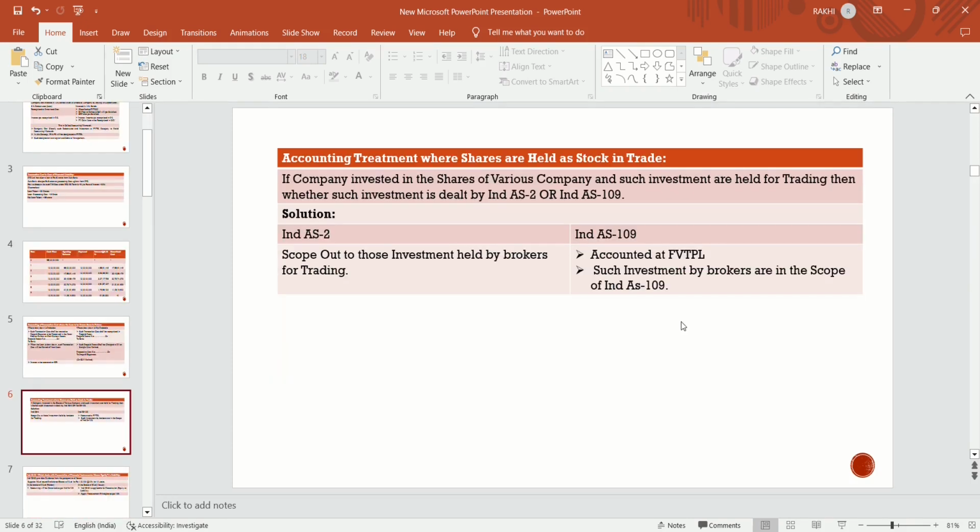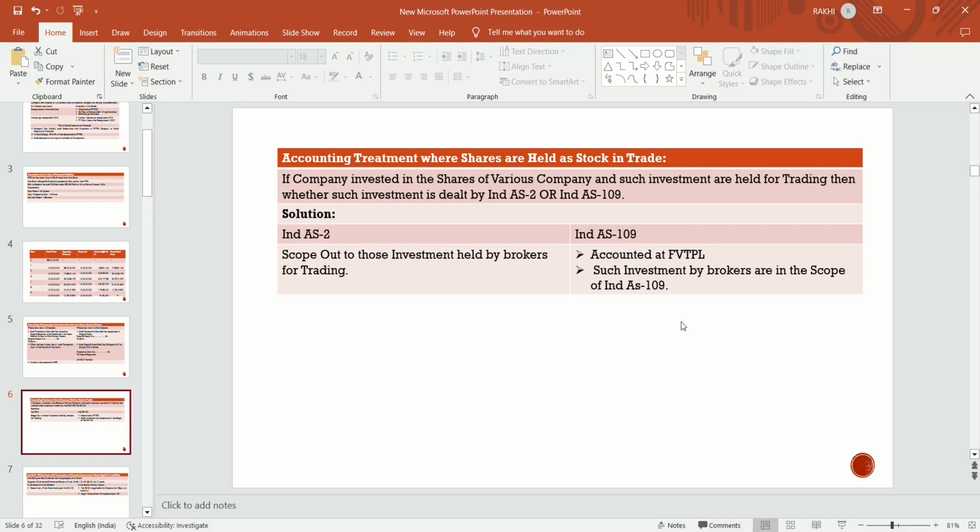Now the accounting treatment where shares are held as stock in trade. If a company has invested in shares of various companies and such investments are held for trading, not for investment, then whether such investments are dealt with as per Ind AS 2 or as per Ind AS 109.